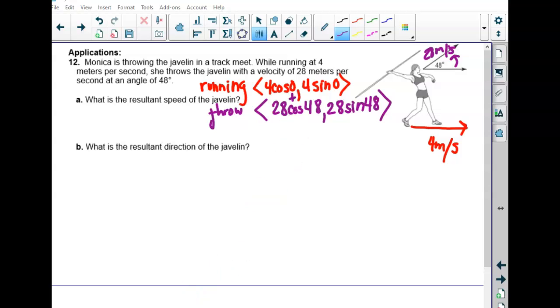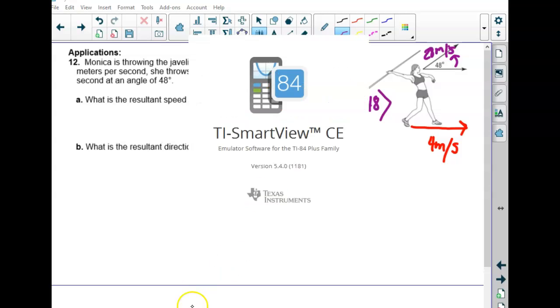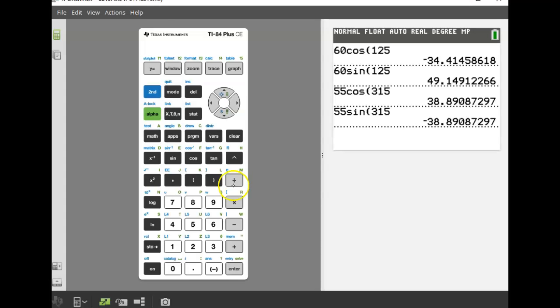I suggest you practice just adding them from this format, okay? Let me show you what I mean by that. So to add them straight down, I'm typing 4 cosine of 0, I'm in degrees, okay? 4 cosine of 0, close the parentheses, and then I'm going to do plus, somebody tell me, was it 28 cosine of 48? Thank you.